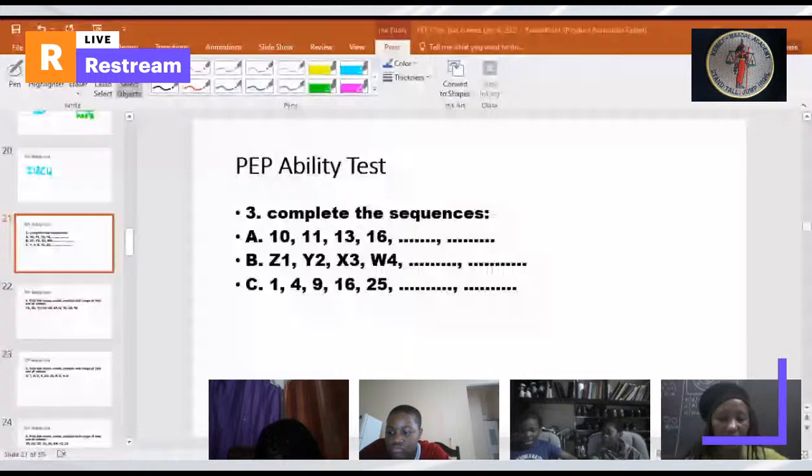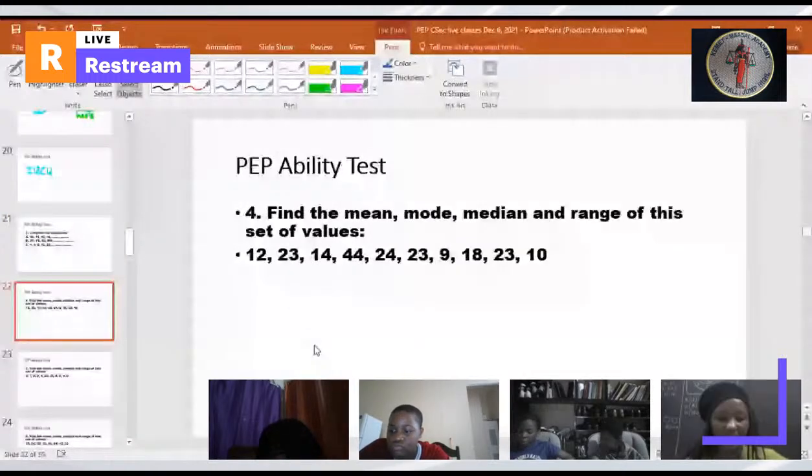All right, so now we're going to find the mean, mode, median, and range of this set of values.